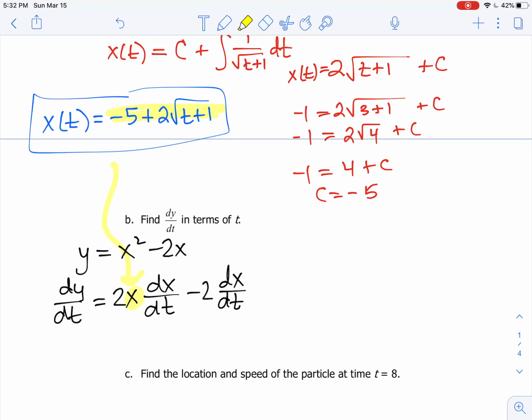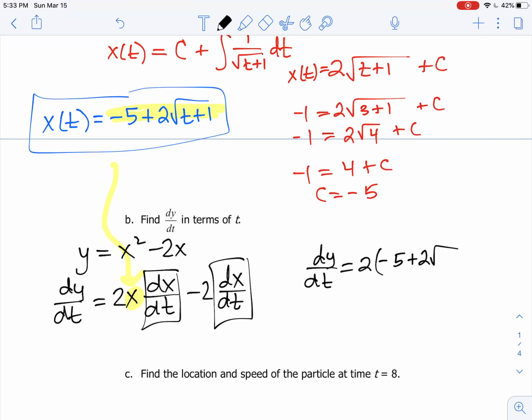And then I think I'm going to take what I know was my dx/dt and sub in there as well. So dy/dt is going to be 2 times negative 5 plus 2 radical t plus 1 times dx/dt, which is 1 over radical t plus 1.